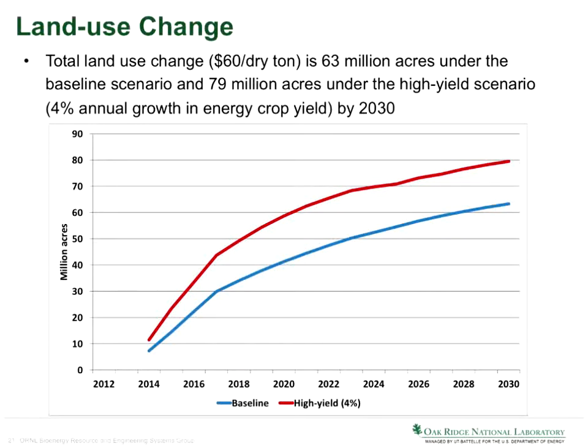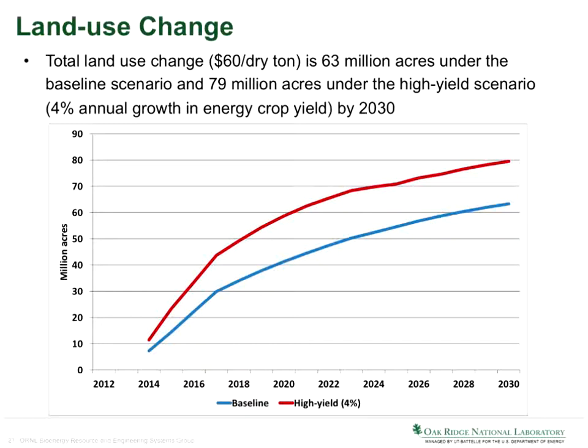So maybe transitioning then, after discussing those sorts of feedstocks that might be available under different prices and scenarios, I wanted to put in context the land use change associated with these projections.